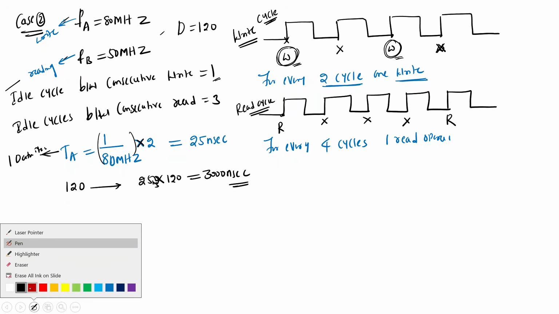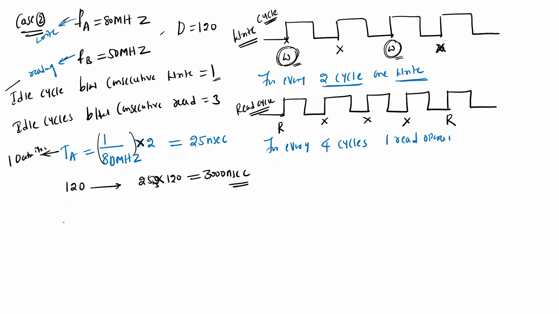Similarly, TB equal to how much? 1 by 50 megahertz into 4. How much will you get? 80 nanoseconds. So 80 nanoseconds is for reading one data item.